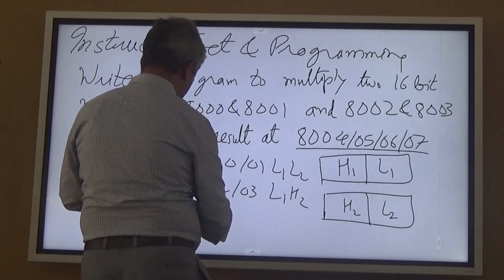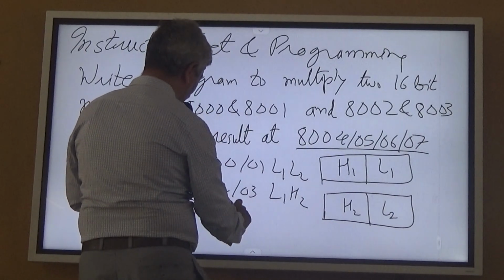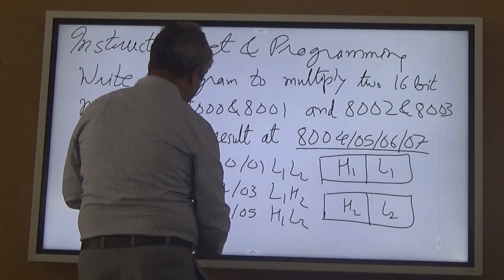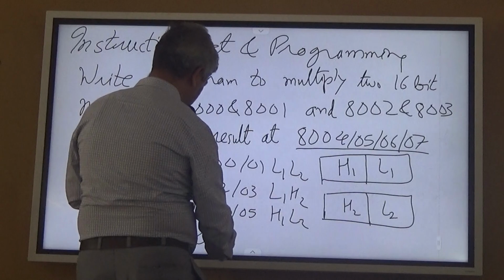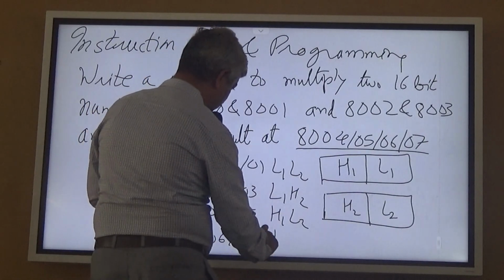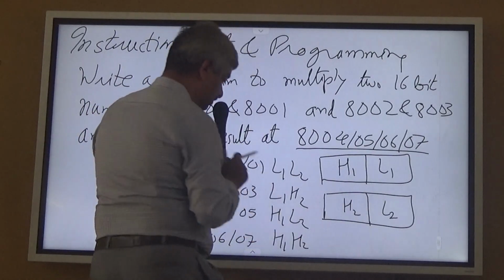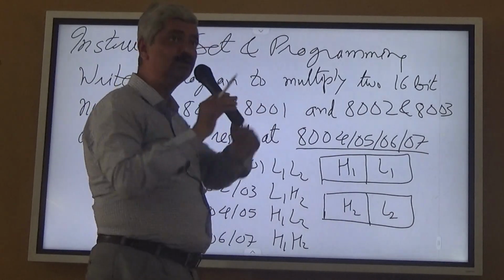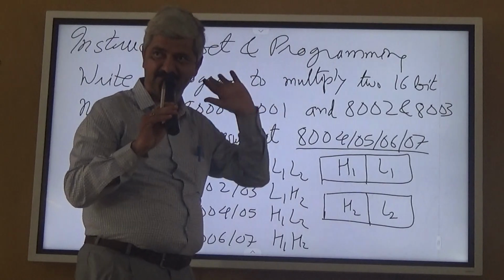At 9004 and 5, you will store H1, L2. And at 9006 and 7, you will store H1, H2. And while storing, at 9000 is the lower byte, in our same sequence.